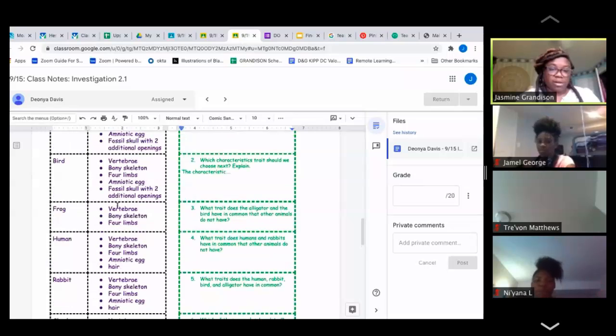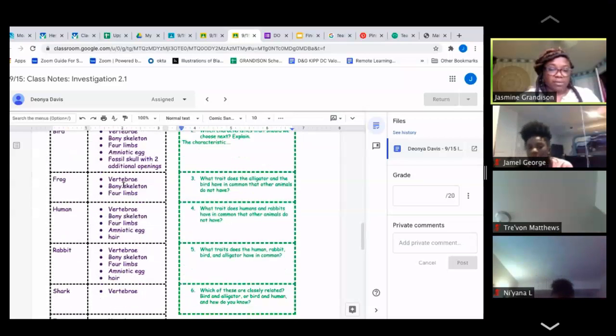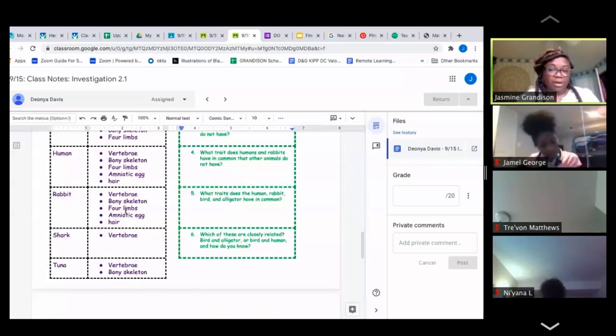Let's look at the frog. So we have vertebrae, bony skeleton, and 4 limbs. Can't say it's the alligator because it doesn't. Well, we could say the alligator. Let's look at the human. We have everything except we have hair. Someone said bony skeleton. Great. So which organism has a vertebrae and a bony skeleton, and that's it?